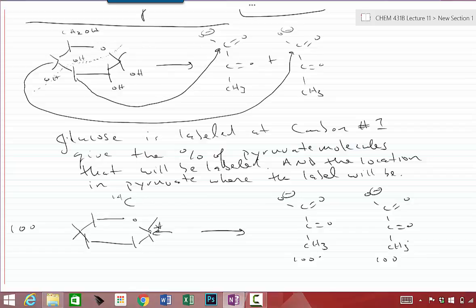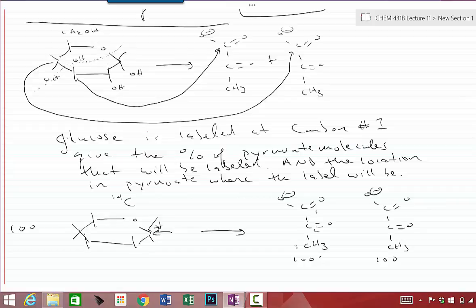It's either got to be 1, 2, or 3. 3. Okay, and you knew it was 3 because the way that we number these is that this gets the highest number, this gets the second highest number, this gets the third highest. So this requires you to know your numbering system as well, right? Very good. So that's exactly right. The methyl group, or the number 3 carbon, will be labeled in pyruvate.